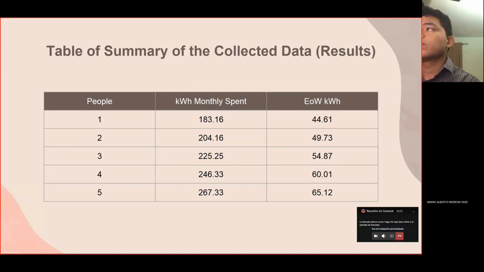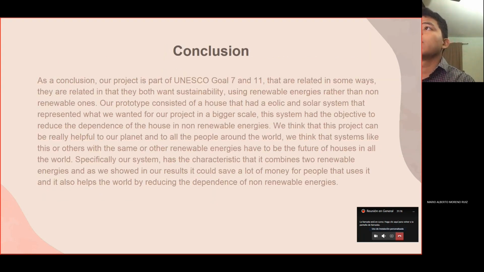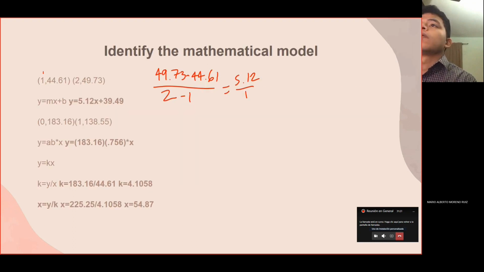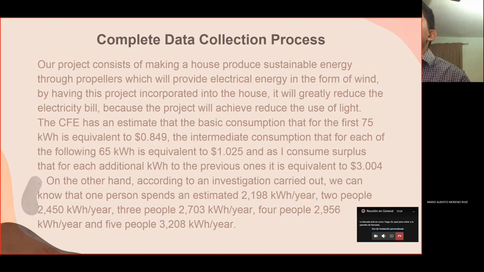Okay, now I'm going to talk about the results, the mathematical models, and the conclusion, and to end this project. First of all, we have to make a little summary of what my teammate Roberto said.